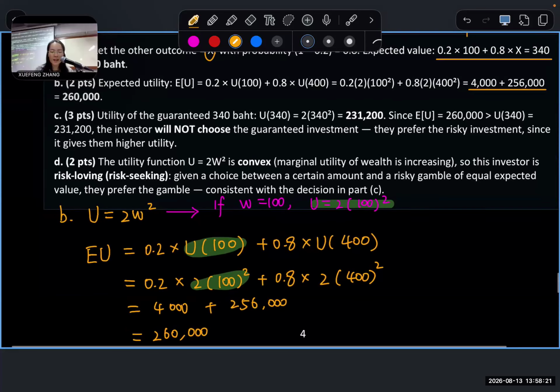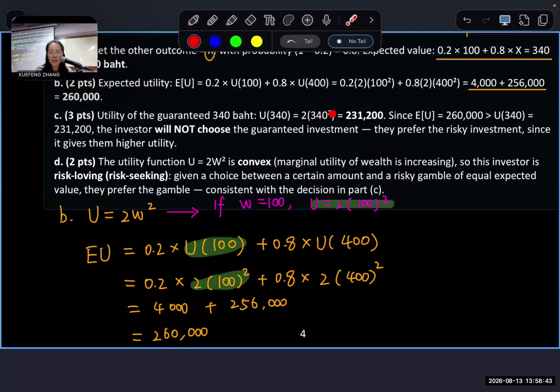So basically for C, utility for the guaranteed, so that means the investor will get 340 baht, 100%. So we just plug in this one into his utility function, right? U 340 equal to 2 times 340 squared, so which is 231,200.